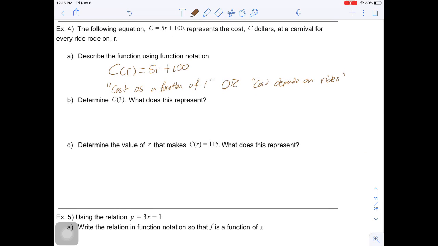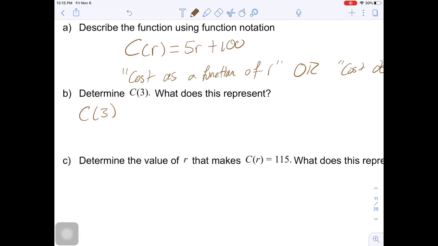Now, here's us actually using function notation. Determine C of 3. What does it represent? Notice what we did. We have taken our R value and replaced it with 3. That means we have to plug 3 in wherever we see R in our equation. So C of R we know is 5R plus 100.